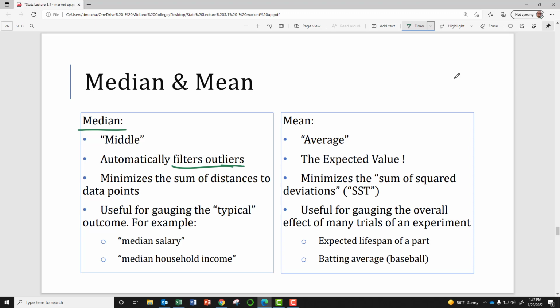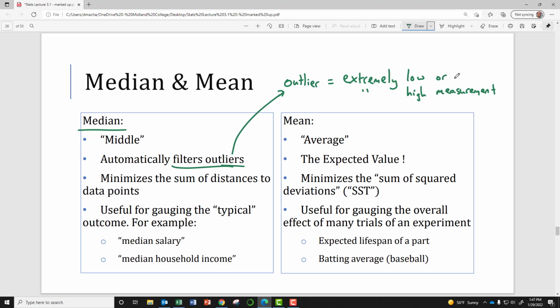An outlier, by the way, is just an extreme value, an extremely low or extremely high measurement. If you had an outlier, the median automatically filters it out because it will be one of the first measurements we cross off as we look for the middle value in our data set. And so that's kind of cool.